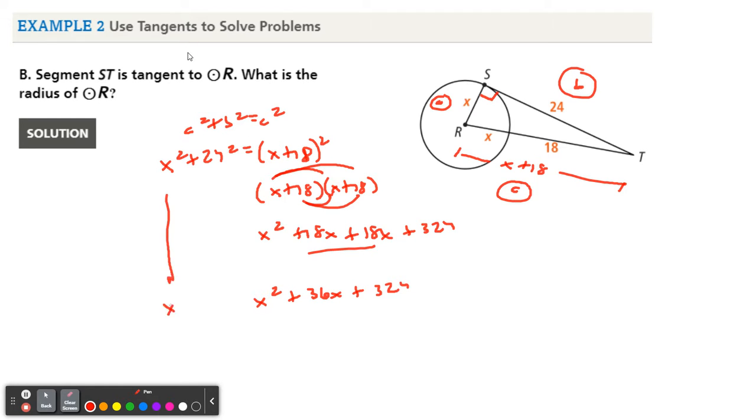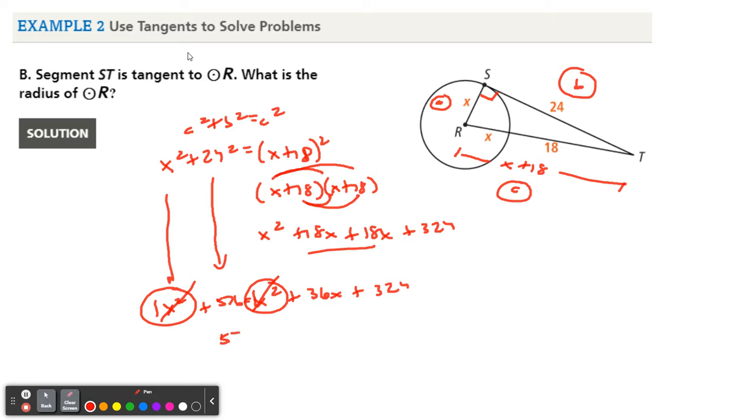Bring down your X squared, and then we're going to square 24, and I believe that's 576, right? So X squared plus 576 equals X squared plus 36X plus 324. Now, this is a quadratic. What you really should do is get everything to one side and make one side 0. However, if you have an X squared on the left-hand side and an X squared on the right, when you combine them, you subtract, and they cancel.